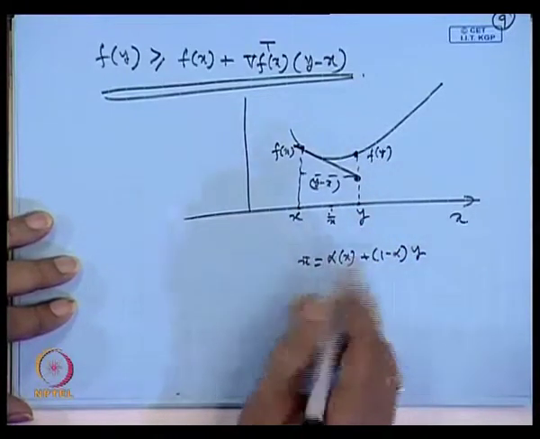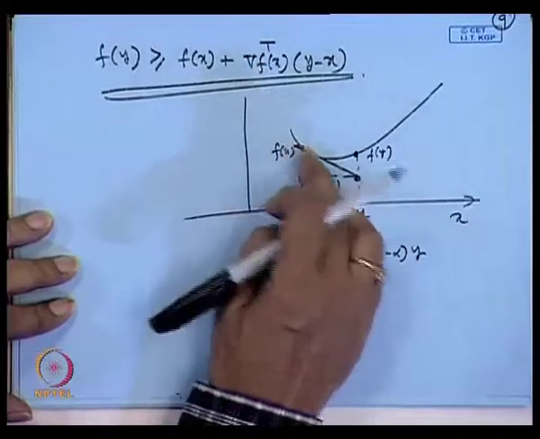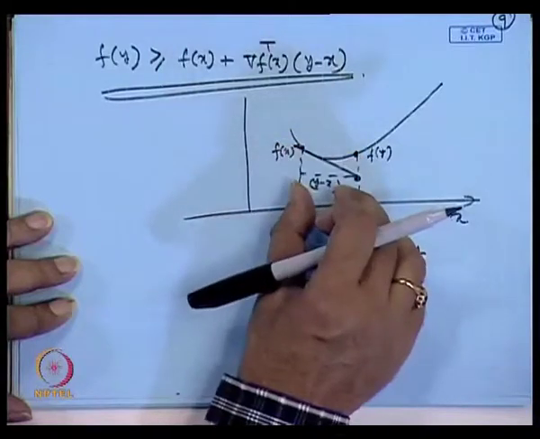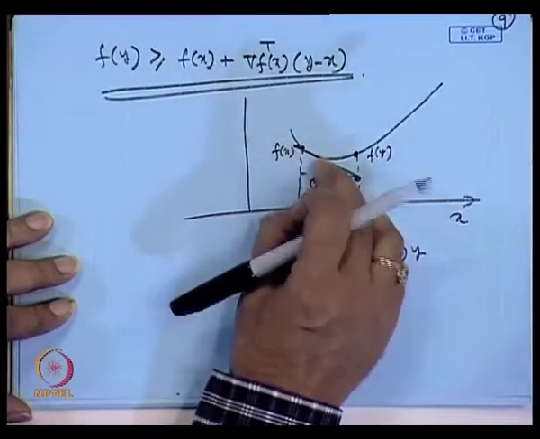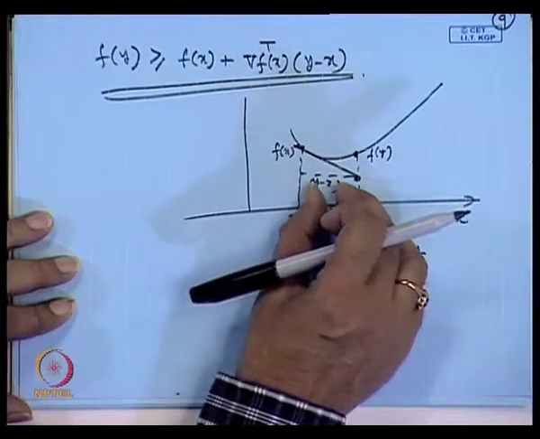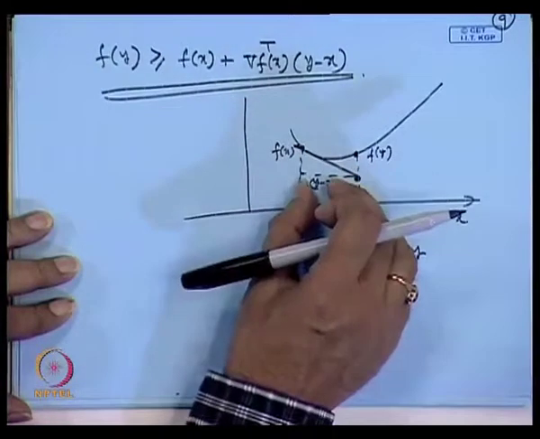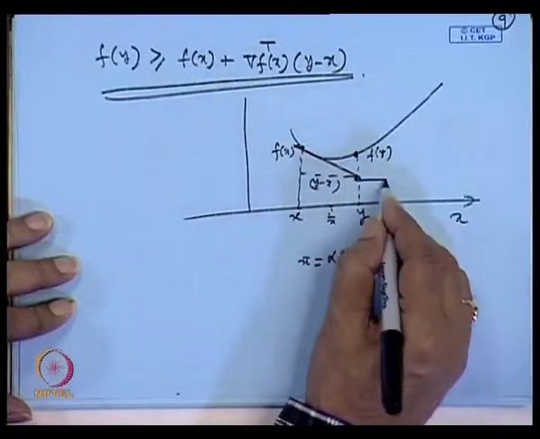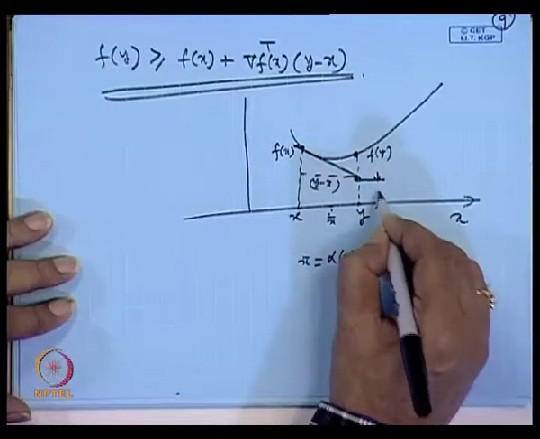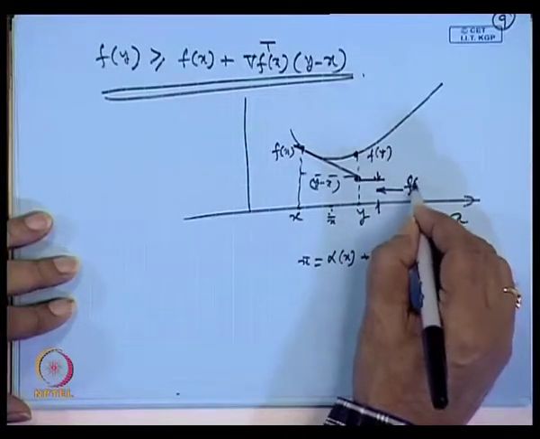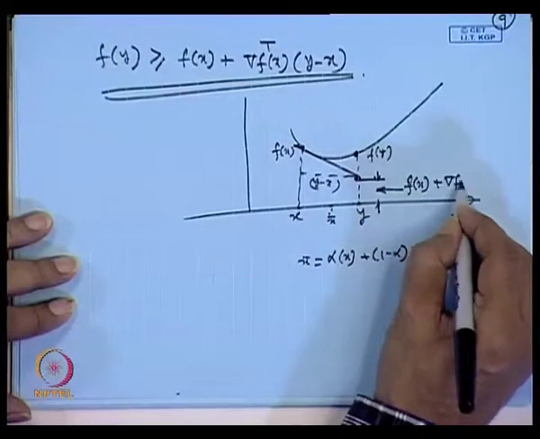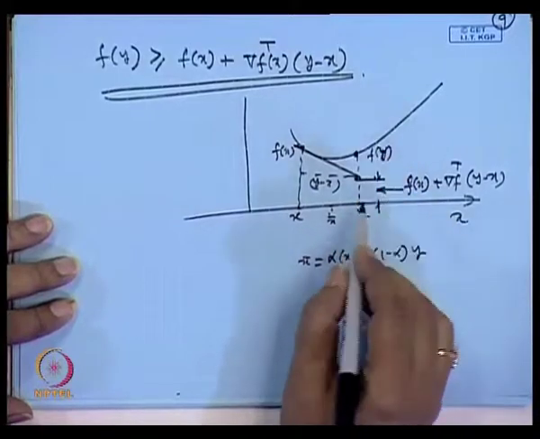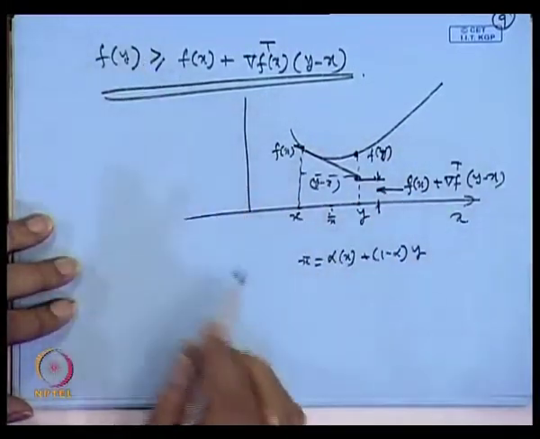Slope means this quantity divided by this quantity, so if you know the slope multiplied by this, you will get this quantity. So f of x plus gradient f transpose y minus x is always less than or equal to f of y.